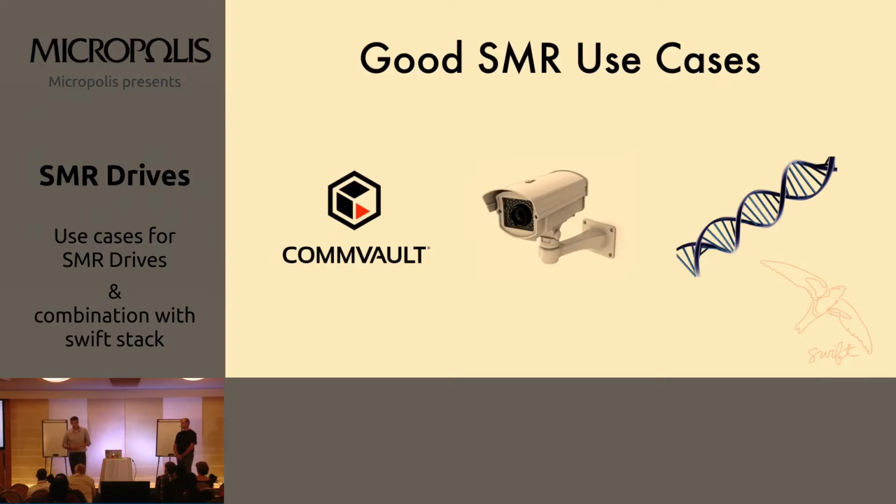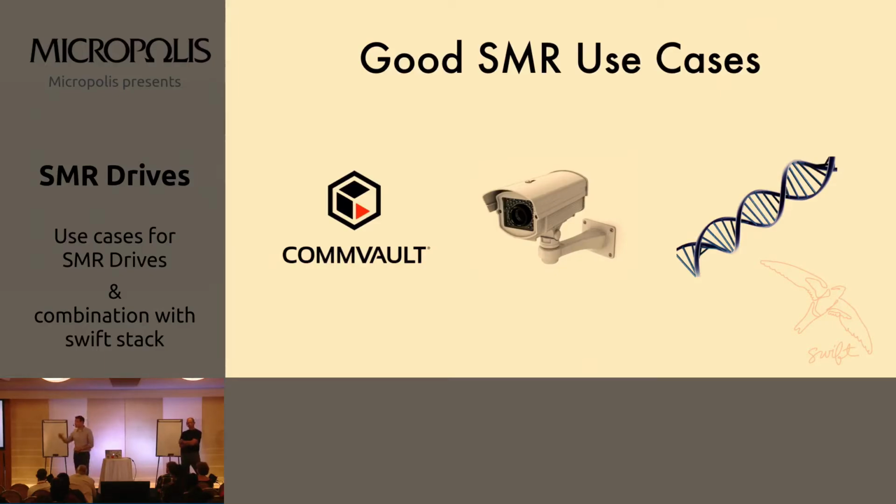And if you wanted to start experimenting with this and figuring out, okay, I might want to gradually ingest some of these SMR drives into my cluster, how would I do that? Step one would be to set up a storage policy inside of Swift. Storage policies allow you to isolate a particular set of drives from the rest of them. So you would set up a storage policy as, this is going to be my backups storage policy, or something like that.